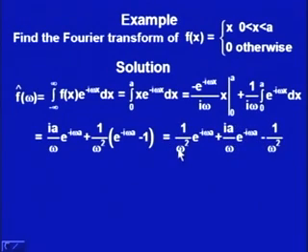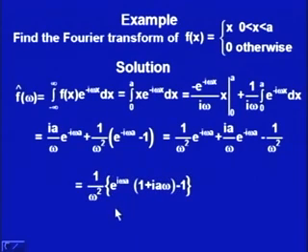Let us rewrite it. What we have got is 1 upon omega square e to the power minus i omega a plus i a upon omega times e to the power minus i omega a minus 1 upon omega square. Again, rewriting in a more simplified form, I have taken 1 upon omega square common, so e to the power minus i omega a times (1 plus i a omega) minus 1, all over omega square.